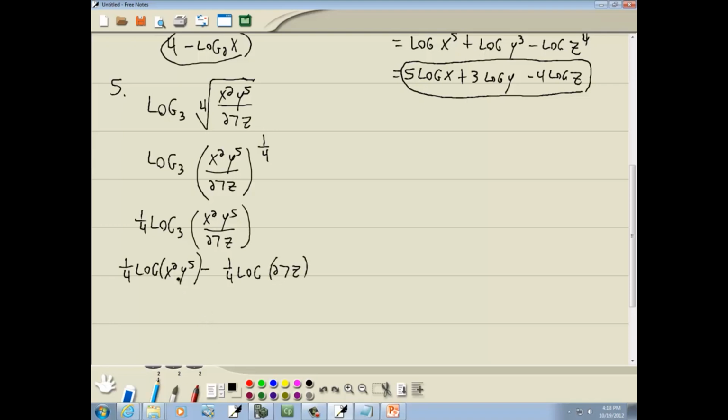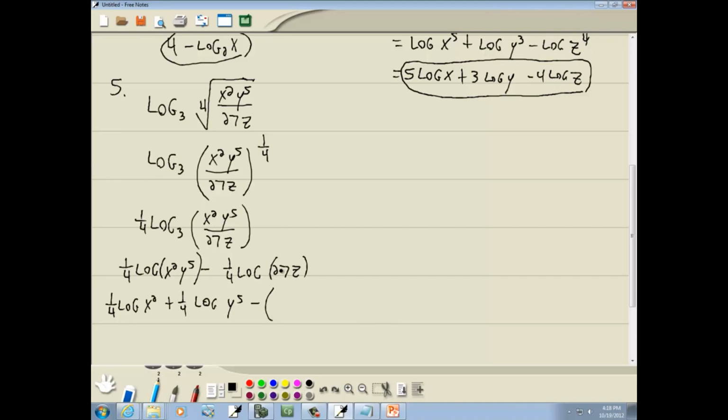Okay, look at our first parentheses here with the log. We have x squared times y to the 5th. The main thing that's happened is multiplication. And again, as I rewrite this, we rewrite multiplication as addition. I have to put the 1/4 out in front of each log. So we've got 1/4 log x squared plus 1/4 log y to the 5th minus, now I'm going to put a parentheses here because this negative has to affect everything that follows it.